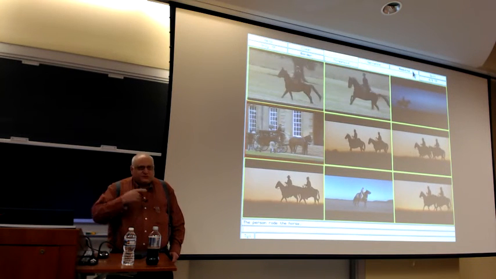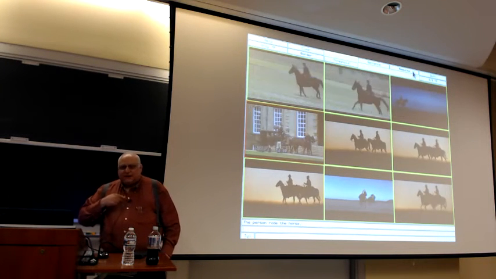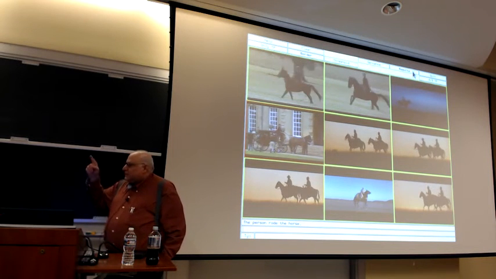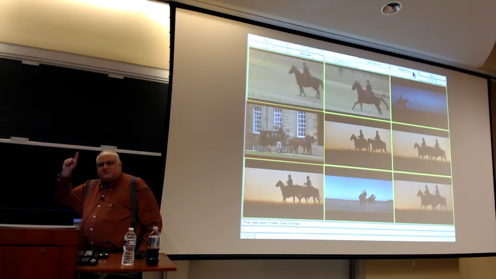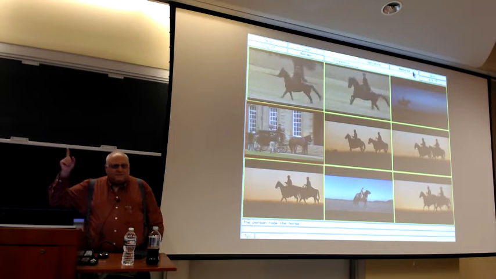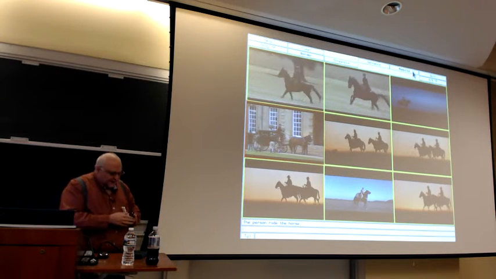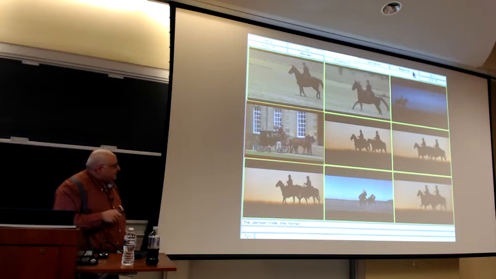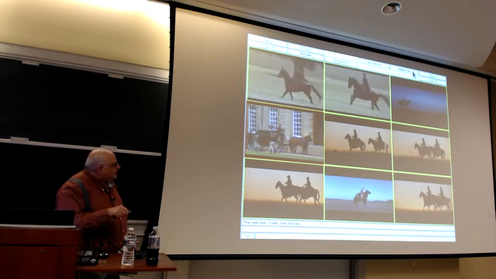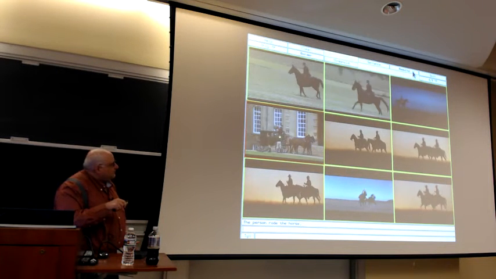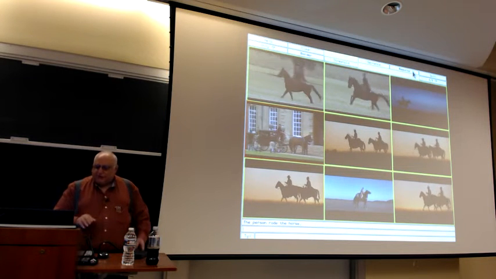This is actually processing the underlying video to find collections of sequences of detections that exhibit a person riding a horse as a query. We then annotated the entire video data set, and 8 out of 9 of these are true positives, and 1 out of 9 is a false positive.